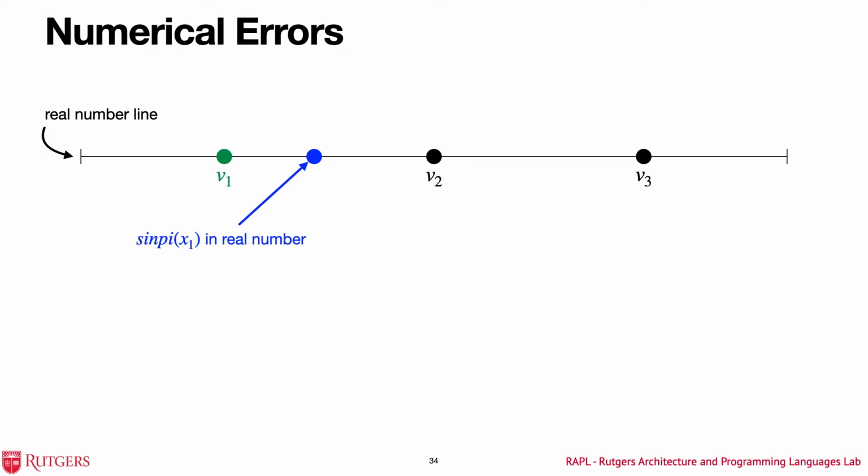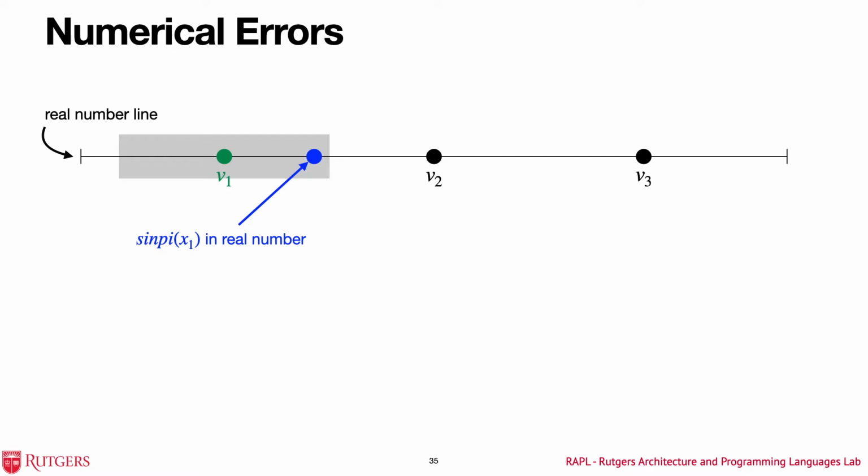Although mathematically, in the real number setting, it makes sense to approximate the real value of the elementary functions, in the context of finite precision representations, this creates several challenges. Let's go back to our real number line. Sine pi of x1 is relatively close to the midpoint between v1 and v2, or two adjacent 32-bit float values. Since v1 is the correctly rounded result, the approximation function should produce a value within this gray area so that the result rounds to the correctly rounded result, v1.